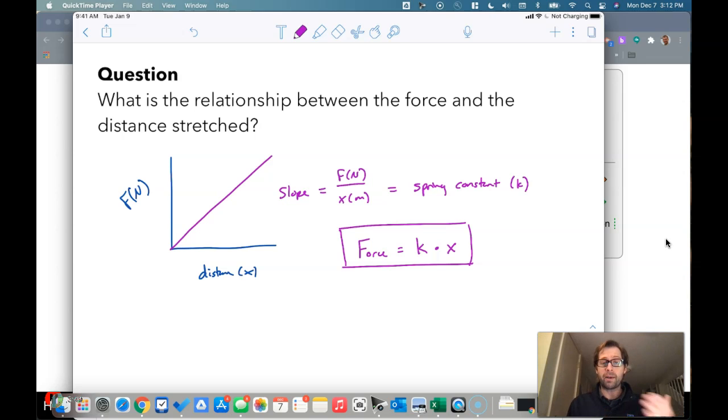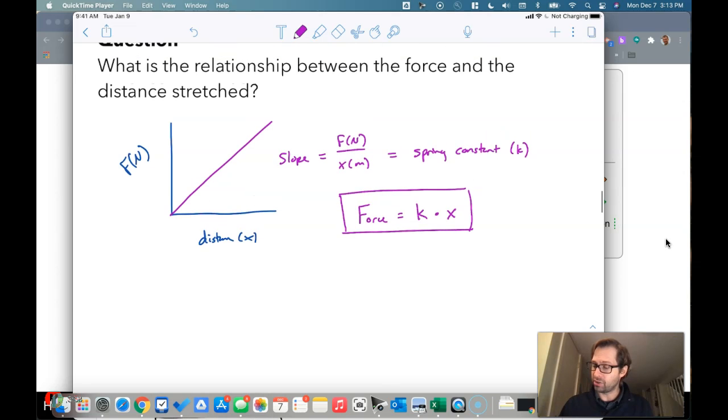We're going to come back to this idea when we talk about energy, but this is a big relationship that we're going to be using. Hooke's law for springs defines the relationship between force and distance stretched. It always depends on the spring constant, which depends on the type of material the spring is made of, how tightly coiled the spring is, and things like that.